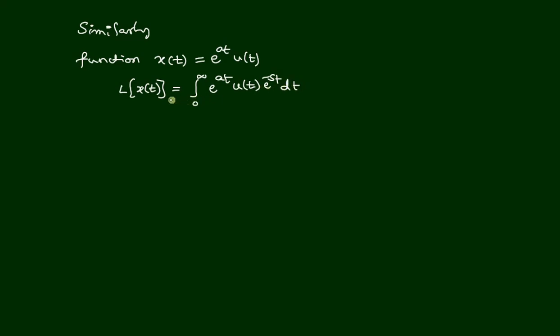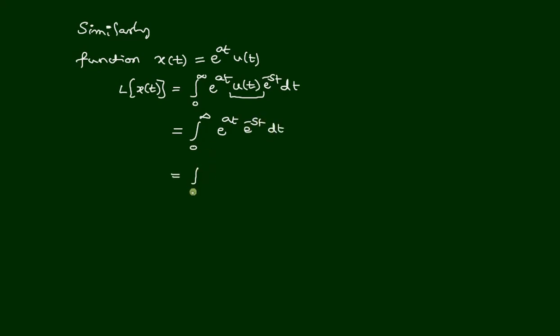This is the Laplace transform formula for the given function x(t). Further we simplify it over the limits 0 to infinity, so this function becomes the integral over 0 to infinity e^(at) e^(-st) dt.